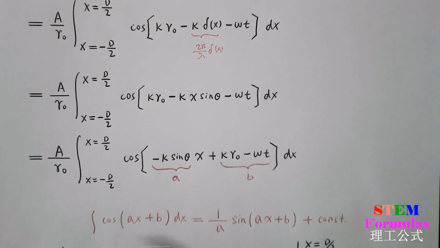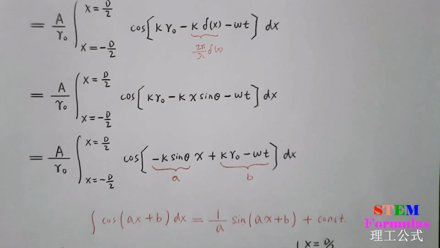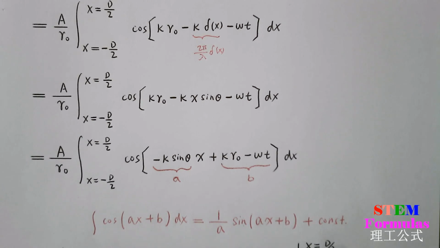This can be proved easily: the derivative of sine x with respect to x is cosine. Your sine derivative becomes cosine, and then a is the coefficient from the derivative, so this a cancels out. So I have cosine of this term. This is easily proved by calculus.